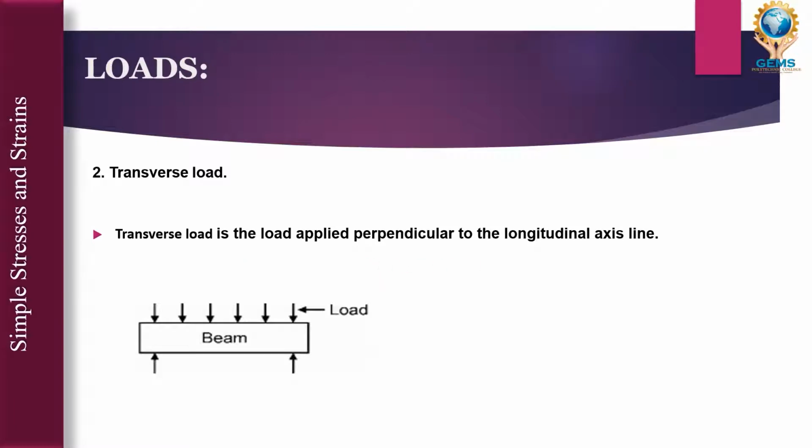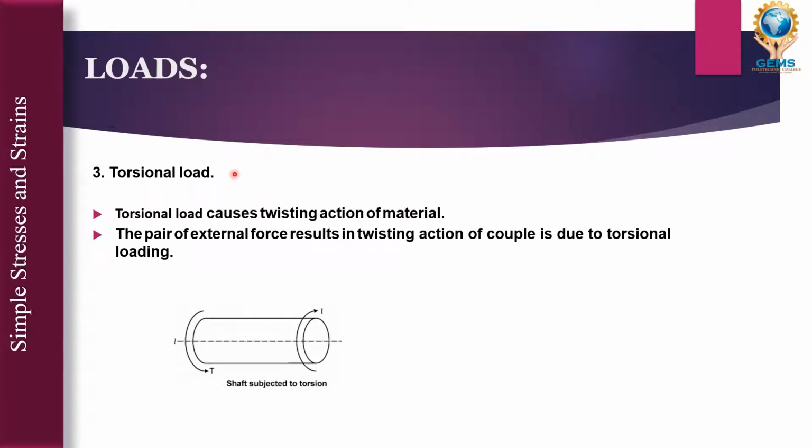Understand? The next one is torsional load. This is our figure. Torsional load means there will be two forces. One force will be in one direction and another force will be in another direction. The definition says like this: torsional load causes twisting action of material.